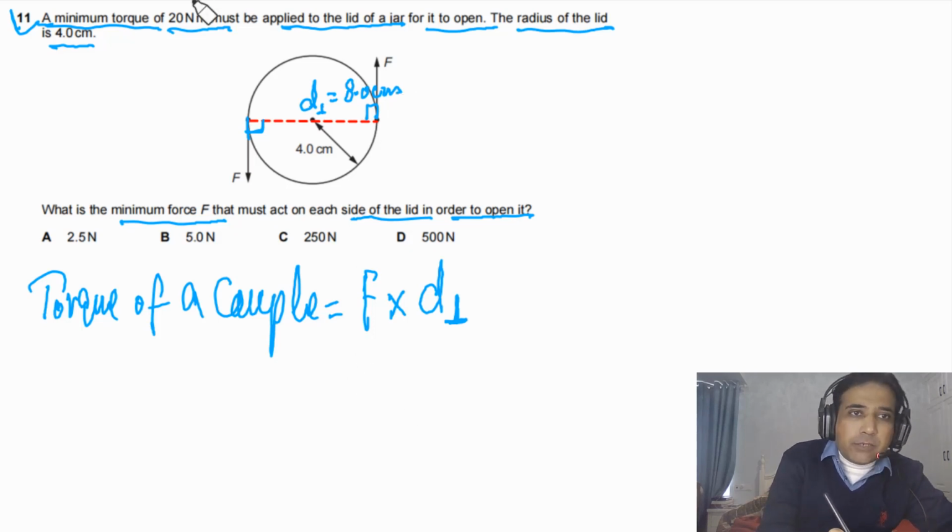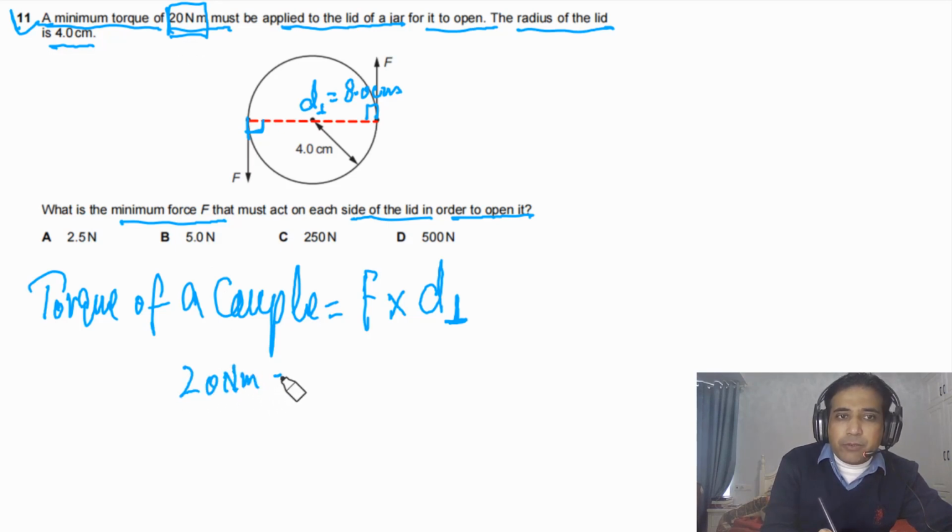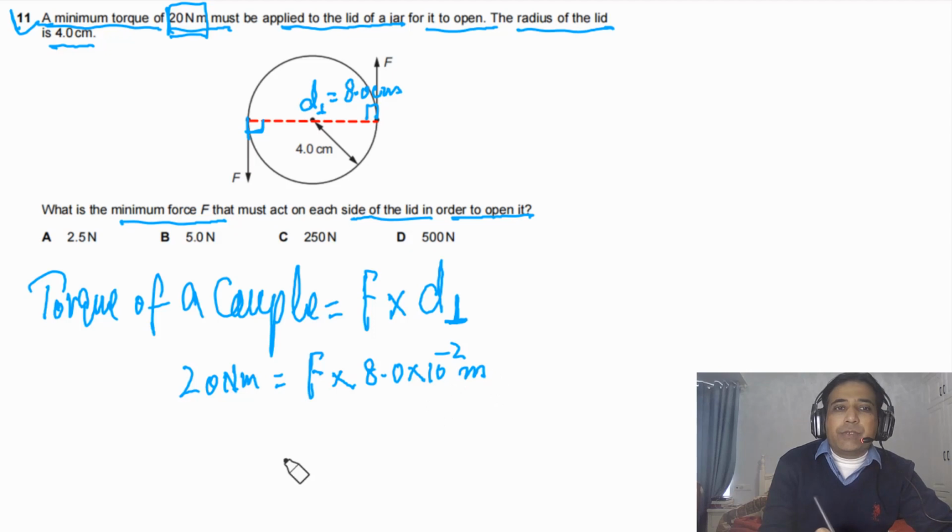Now everything is given to us. We have the value of the torque, 20 newton meters. We have to find the value of F, and we have the perpendicular distance, 8.0 centimeters, which is 8.0 times 10 to the minus 2 meters.